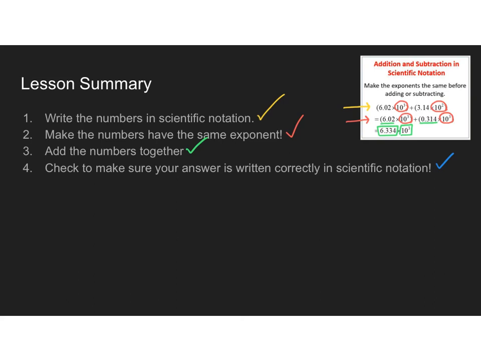And one thing I want to remind you of, let's see, if I wrote 13.2 times 10 to the second, if I wanted to put this in scientific notation, I would have to make this one space smaller, right? So I'd make this one number bigger. Just do the opposite.